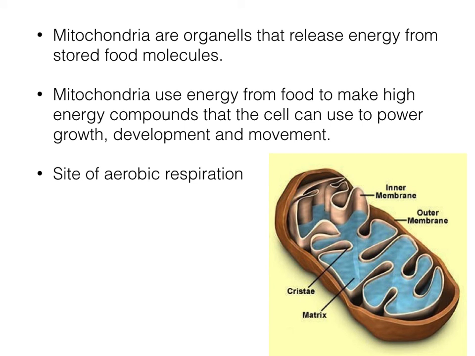Mitochondria are organelles that release energy from stored food molecules. Mitochondria use energy from food to make high energy compounds that the cell can use to power growth, development, and movement, and they are the site of aerobic respiration. So what you need to take away from this is that you are going to have cell respiration, aerobic respiration happen in the mitochondria.